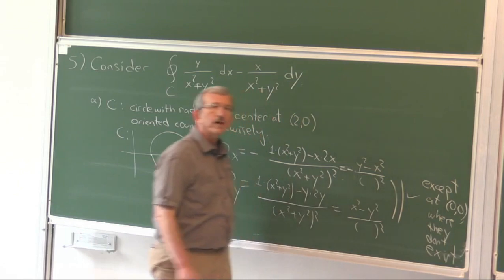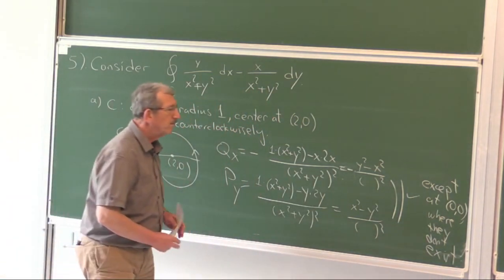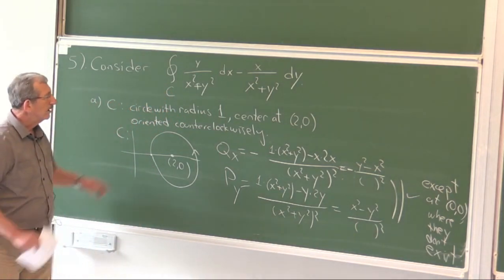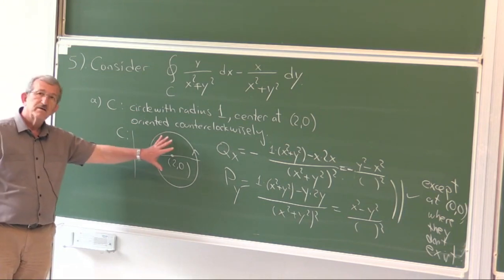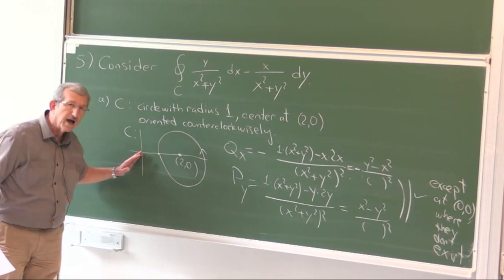If they don't exist, they cannot be equal, of course. So we have a problem there. However, this C does not contain the point (0, 0) inside it.